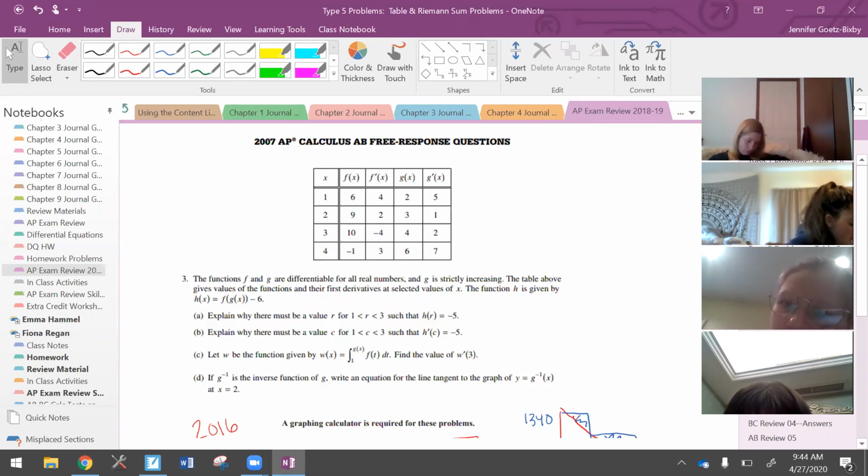And then the homework, which is posted on the portal, is to do the last homework problem, okay? Which is similar to the problem we already did with a table and some related rates, okay? And then tomorrow, like I said, we'll go over those and then we will start type 6 problems.